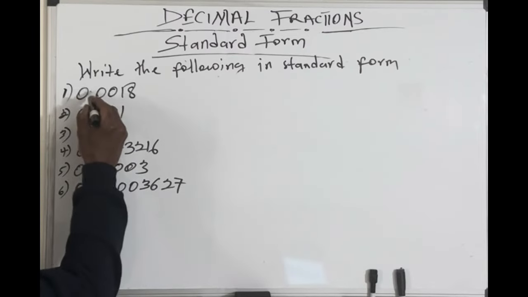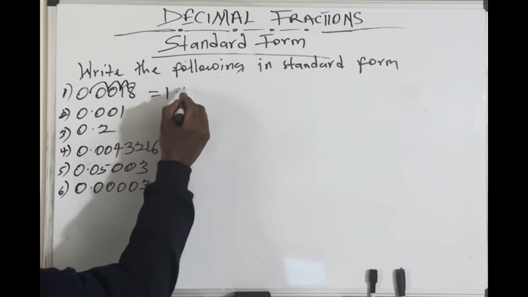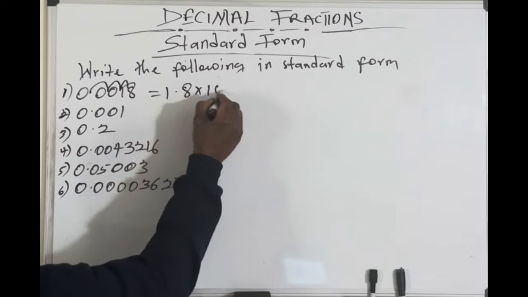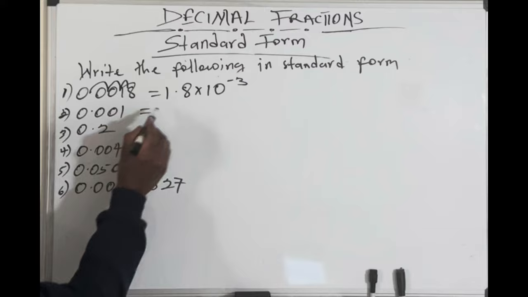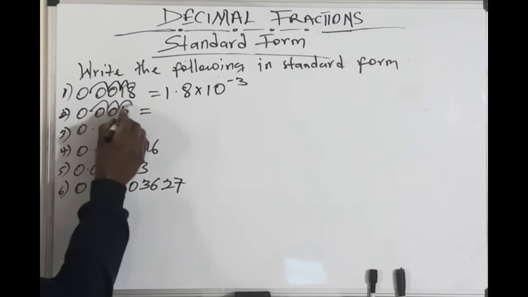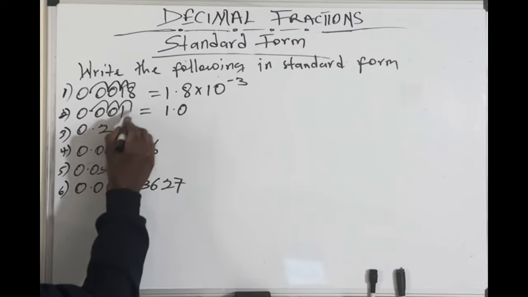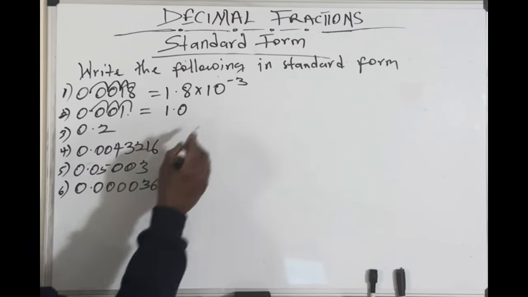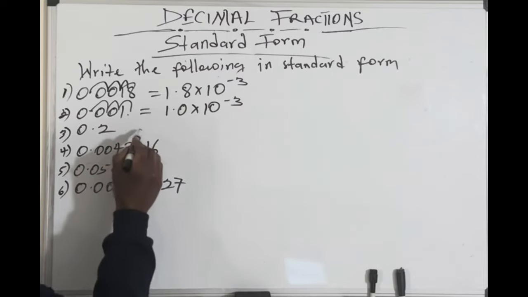We'll move 1, 2, 3. So 1.8 times 10 raised to the power negative 3. Then 1, 2, 3. 1.0, because point nothing, we said you put 0, times 10 raised to the power negative 3.